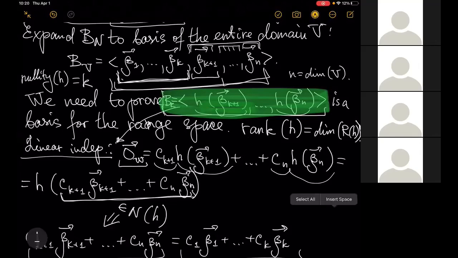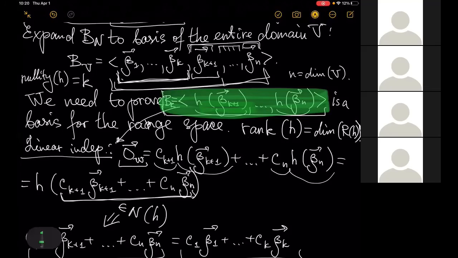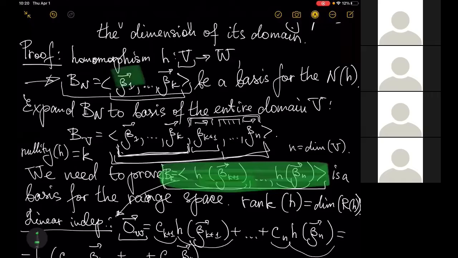Is it clear? So have a look. We started from this: I said that let us suppose that these vectors form a basis for the null space, right? Just k vectors, from beta 1 till beta k. Then I said, okay, now I will extend this set of vectors which form a basis for the null space.